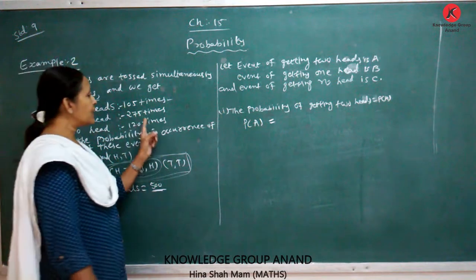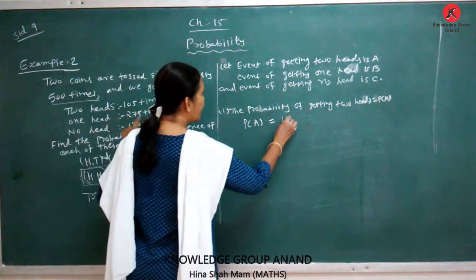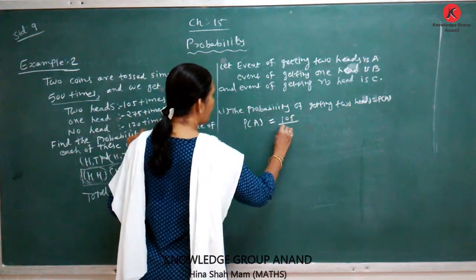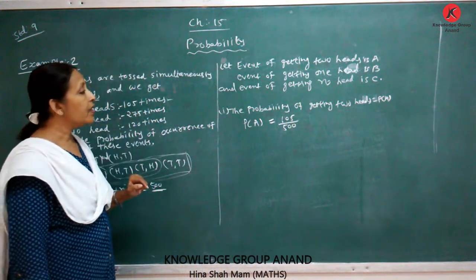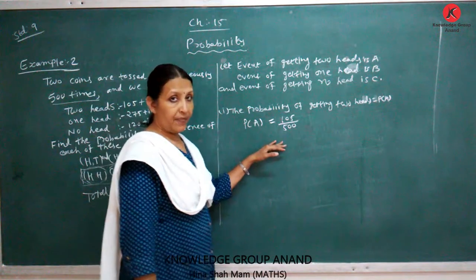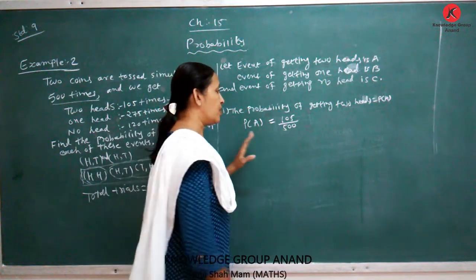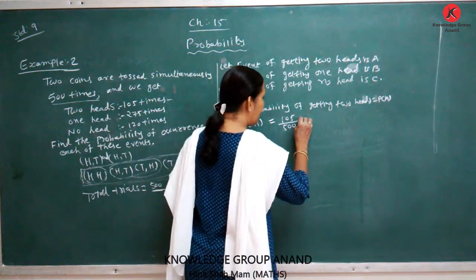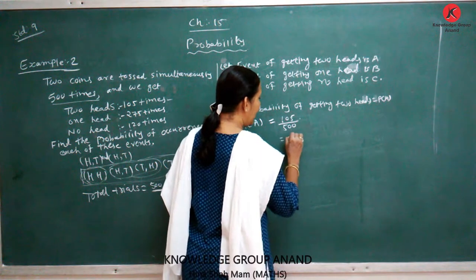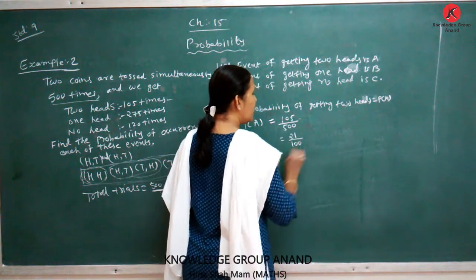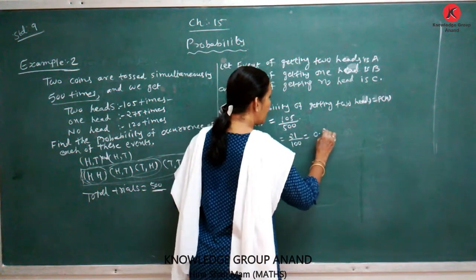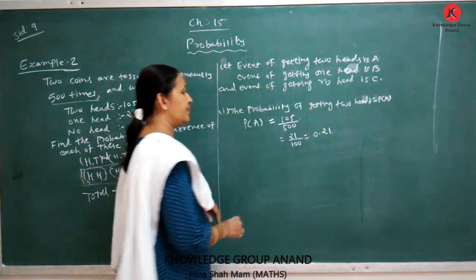P(A) is equal to 105 upon 500. Simplify this: it is written as 21 upon 100, which is equal to 0.21.